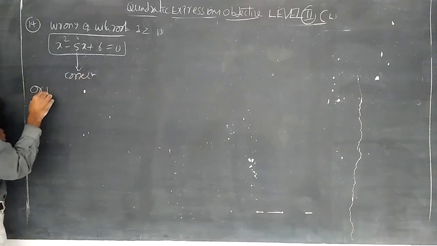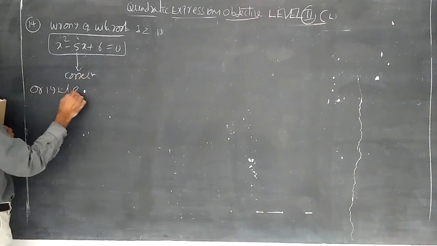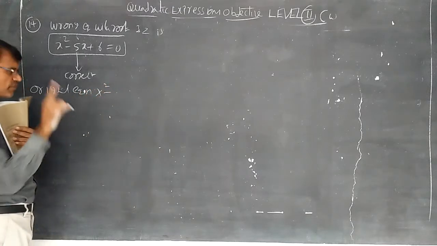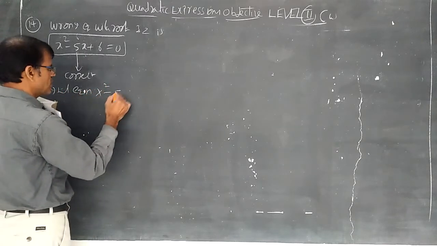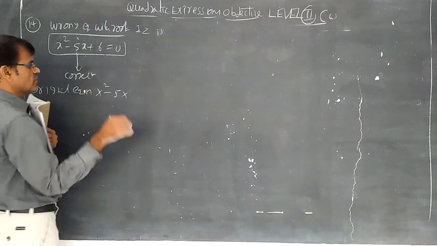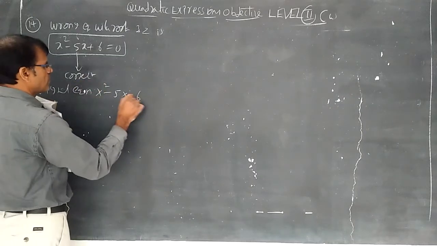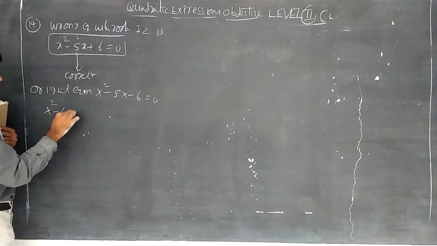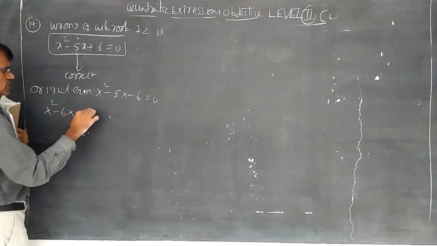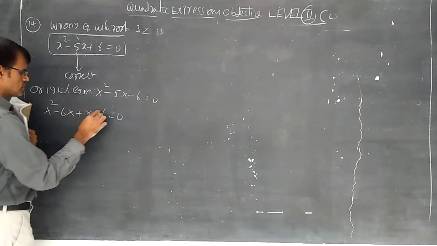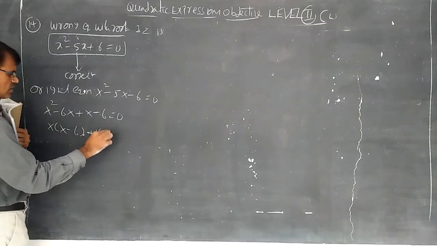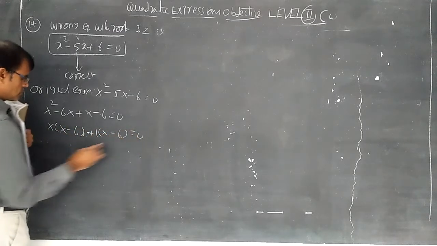Now, original equation I am writing. Original equation x square, because coefficient of x square is 1 only, minus this is correct, this is incorrect. Now the other student copied like this as -6. So you can take this one as x square minus 6x plus 6, minus 6 equal to 0, x taken common, x minus 6 plus 1 taken common, x minus 6 equal to 0.